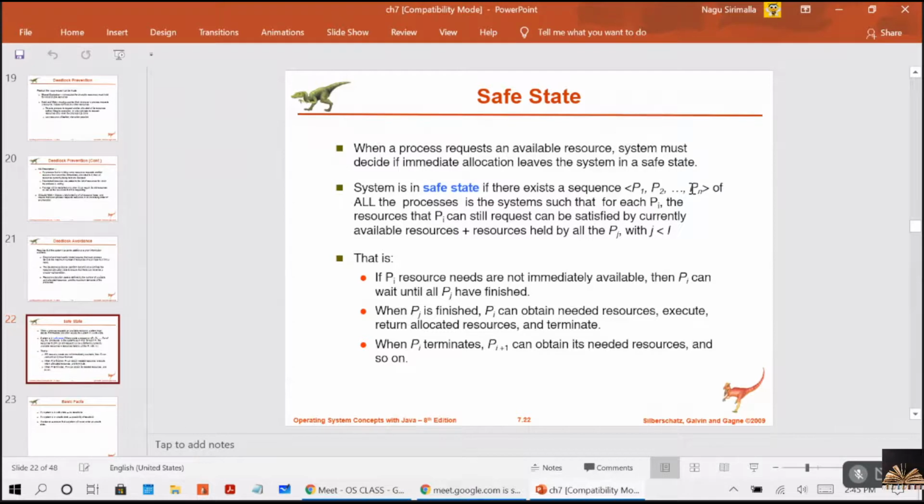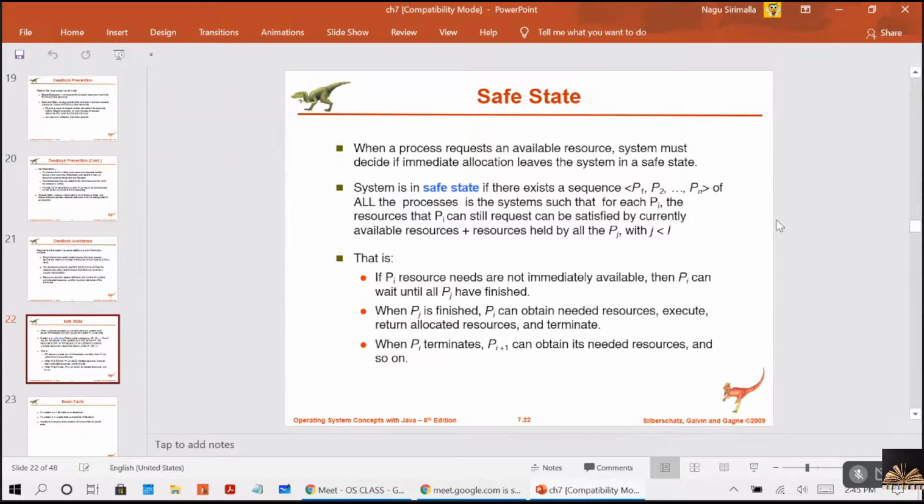P3 should wait until P1 and P2 are completed. When Pj is finished, Pi can obtain needed resources, execute, return all resources and terminate. When the resources become available, P3 will be given all resources, it will get executed, release all the resources and terminate. Then P4 will obtain all its resources.